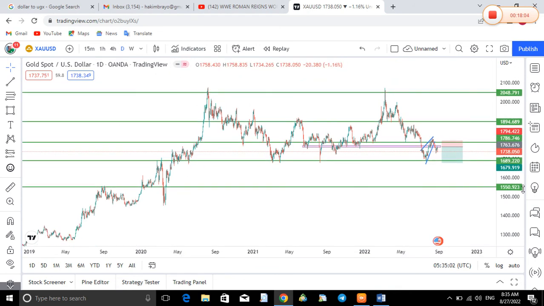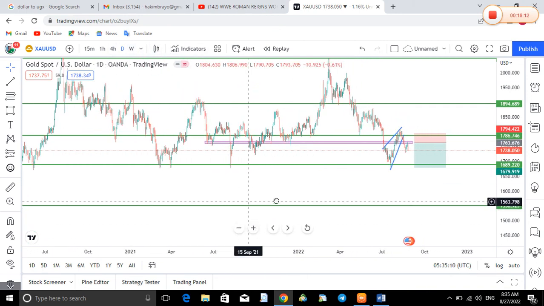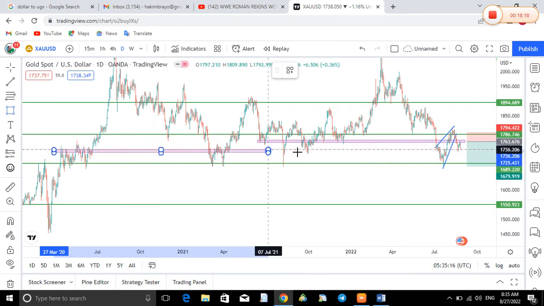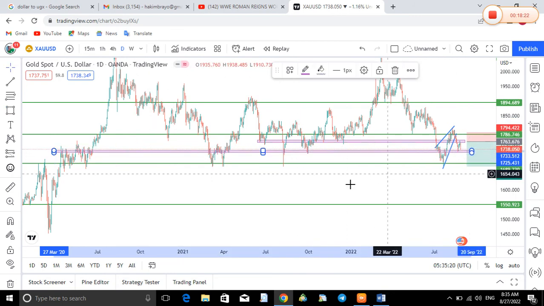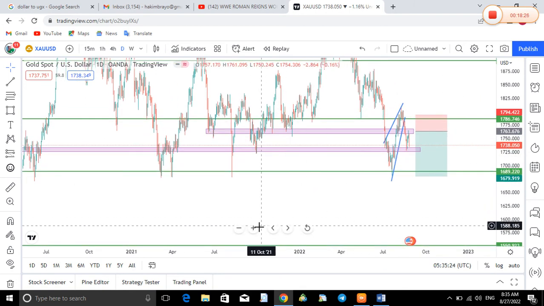Gold is still dropping because I can clearly see there is sort of like a support level here, because I can see that the price came and rejected this level this particular week.